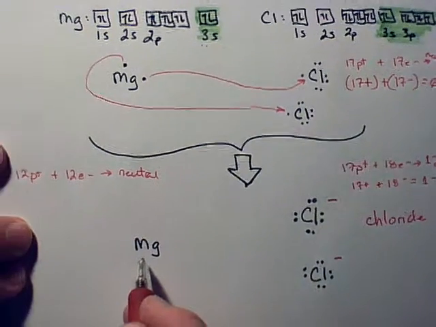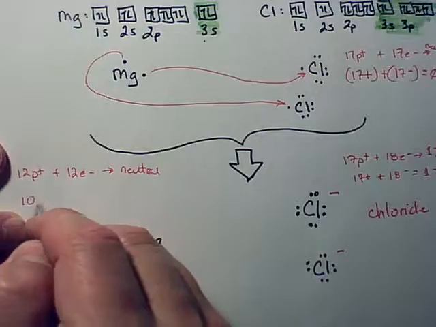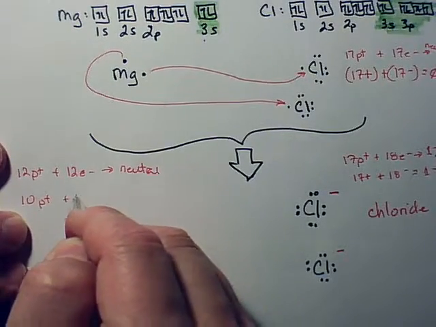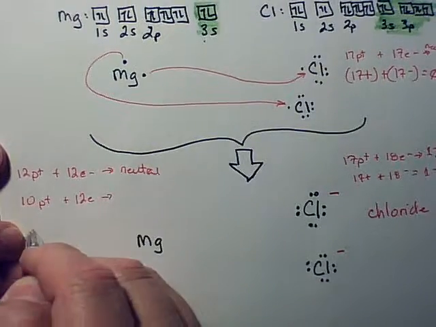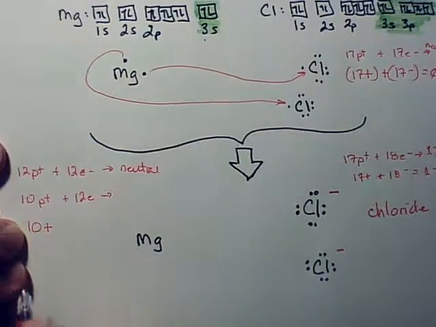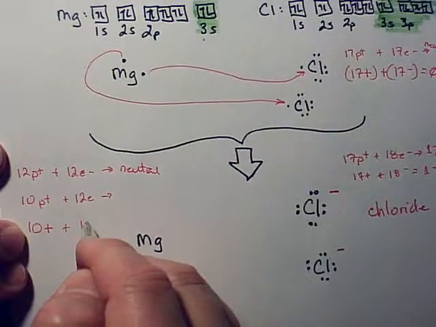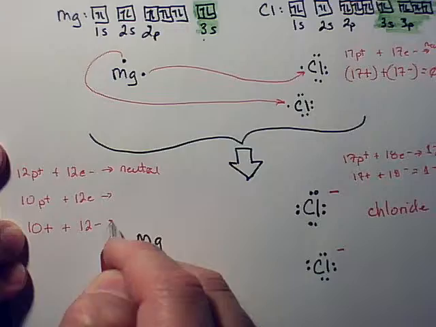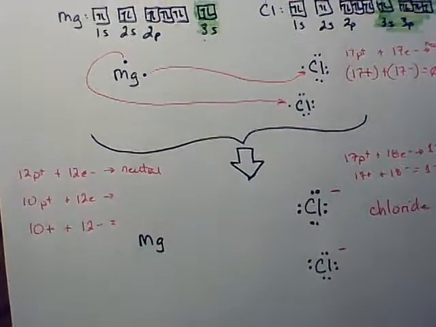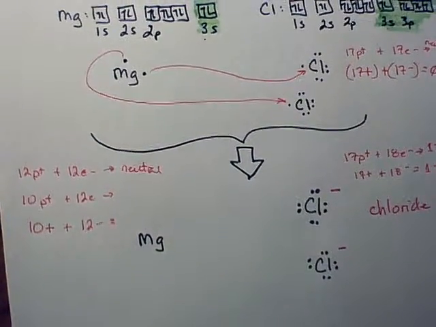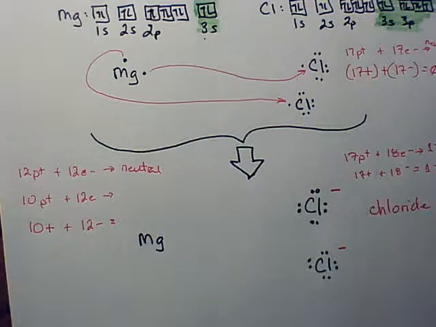We can't see all that. 10. 10 protons plus 12 electrons. That's 10 positive charges and 12 negative charges. And so when you add the charges together, what kind of charge do you get? 2 positive.